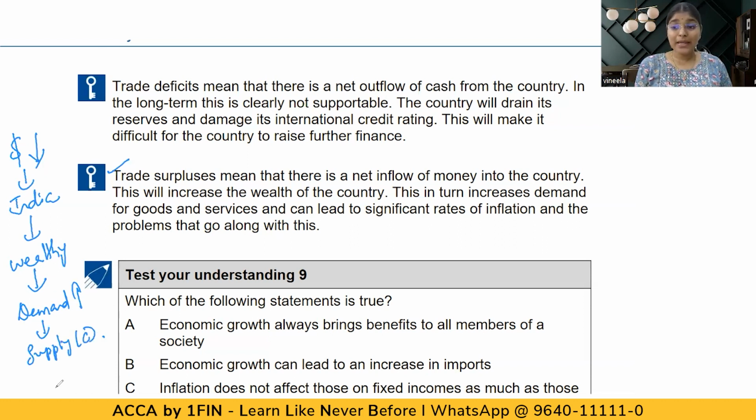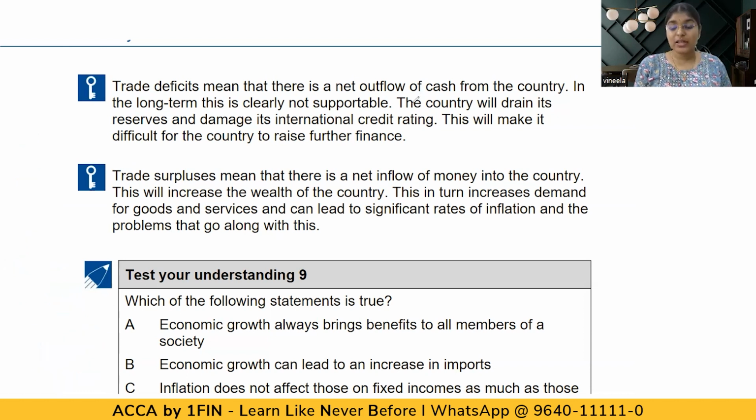There is no increase in supply. Then what happens? What will the organizations or businessmen do? They'll increase the prices. An increase in the price level of the country is nothing but inflation. So because of trade surplus, there will be a rise in inflation, or there will be an impact of inflation in the country. Let me make this more clear again.